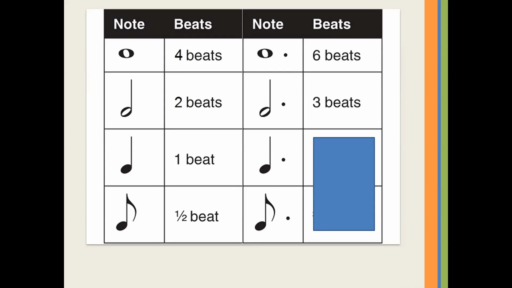Is this one a tough one? Yes. Who knows the answer? So what's the value of an 8th note or quaver?